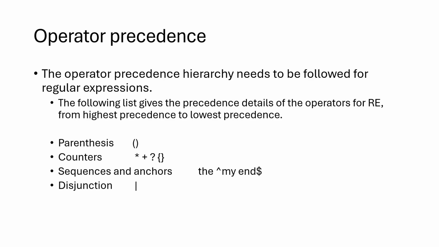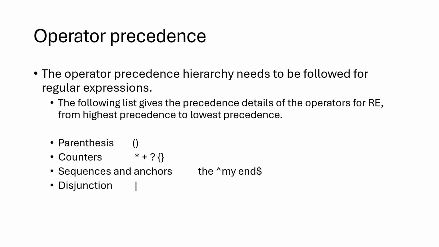The next topic is operator precedence. We need to consider the precedence of operators while formulating a regular expression. Parentheses take the highest precedence, then counters: the star operator, plus, question mark, and braces take the next level of precedence.